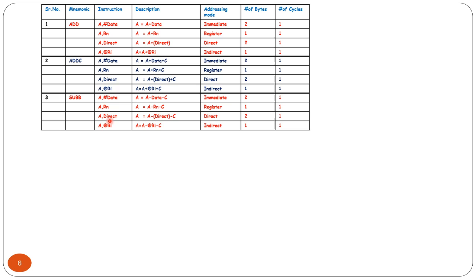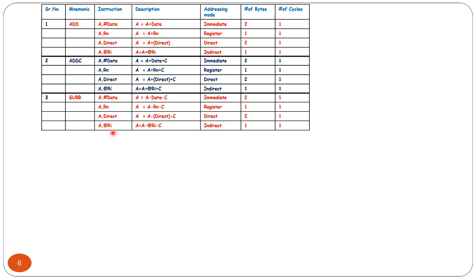SUBB A, direct: the content of the carry flag bit and the content of the memory location directly pointed by the direct byte are subtracted from the accumulator, and the result is stored in the accumulator. Direct addressing, 2 memory addresses required to store this instruction, and 1 machine cycle required.